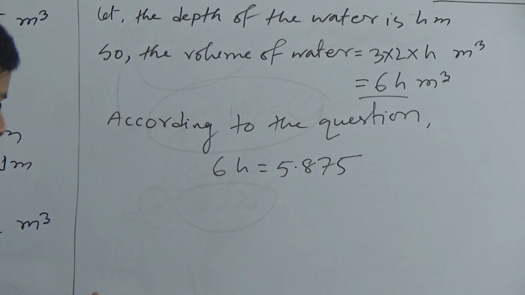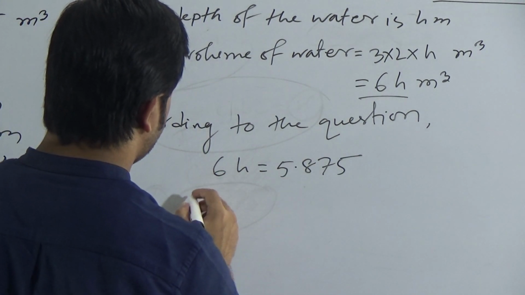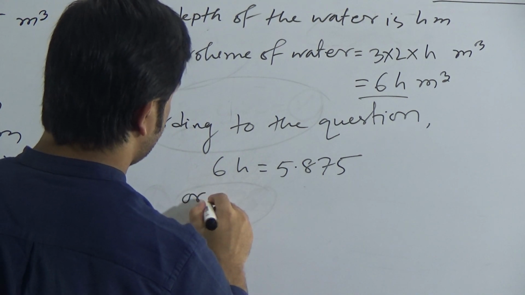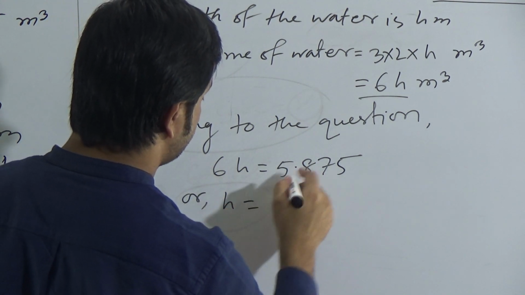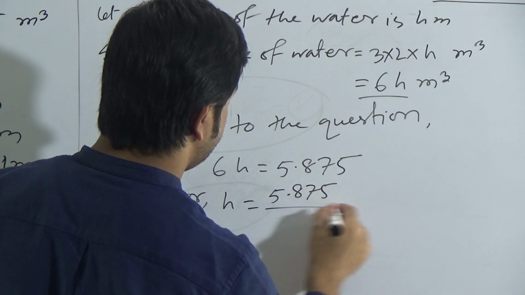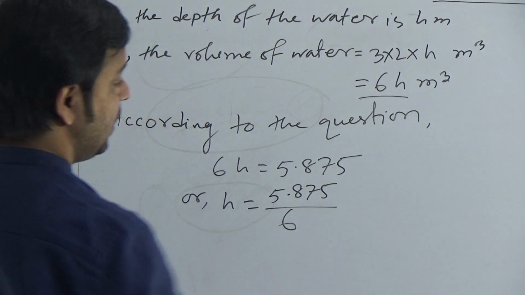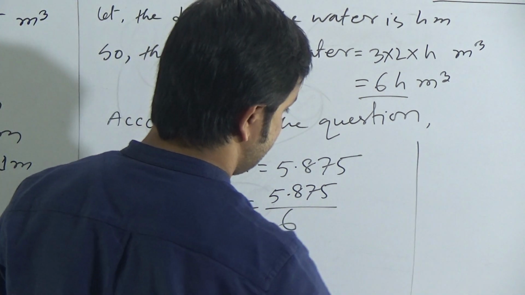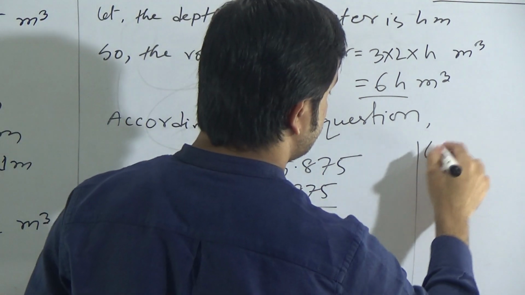Now if we solve this equation we will get the value of h, or h equal to, we have to divide 5.875 by 6. Now do the division.